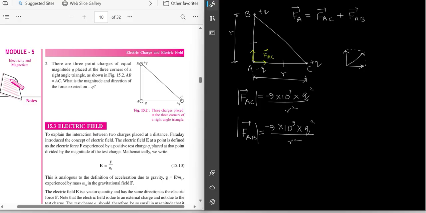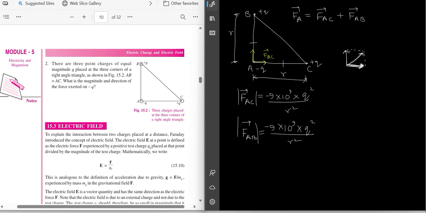Right? So what is the magnitude of the net force? We have to see this force. This force is acting exactly perpendicular to it. There is a formula for vector addition magnitude, and the direction we can still point out here.